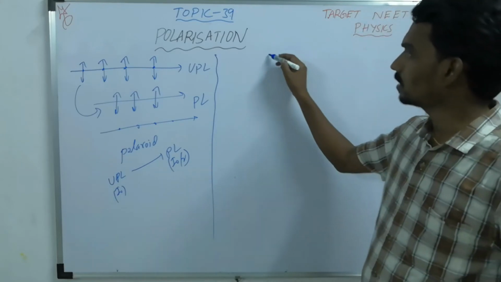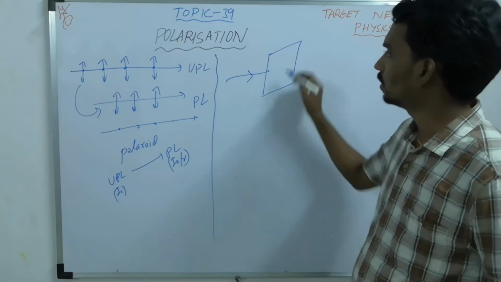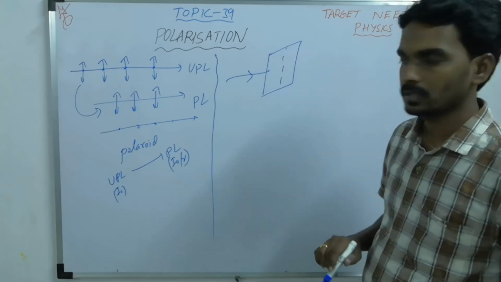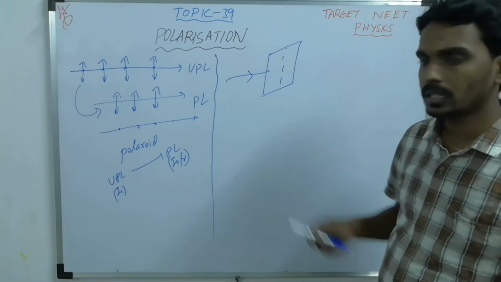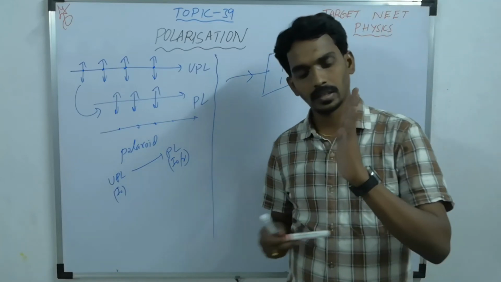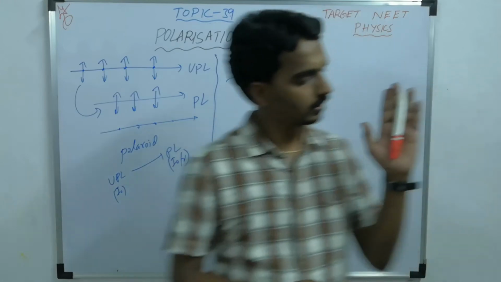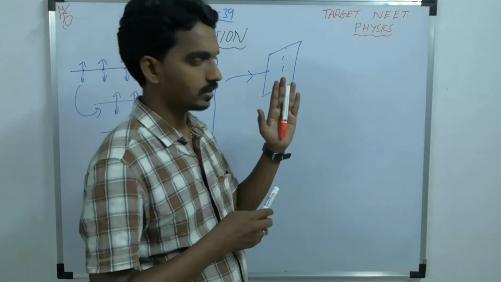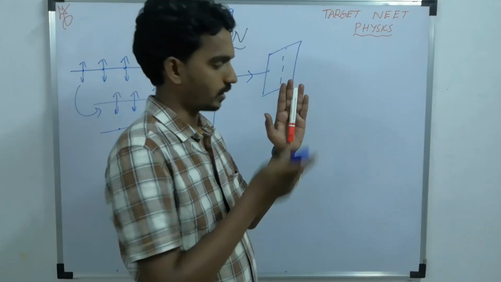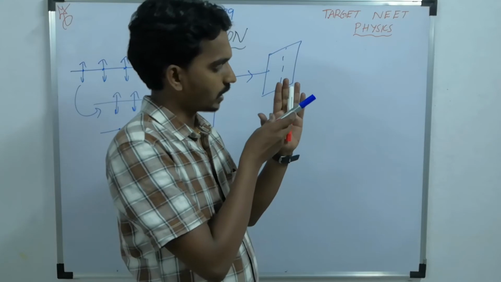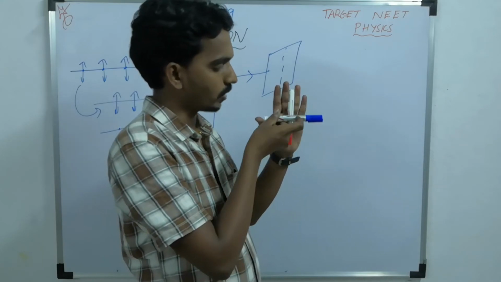It happens in this manner: as light passes through a polaroid, take this as the transmission axis. If an electric field vector is like this, it divides into two components.